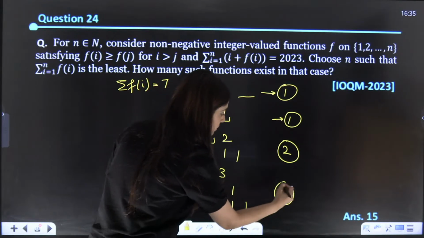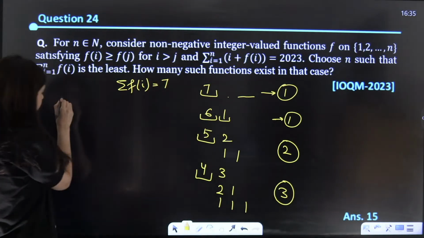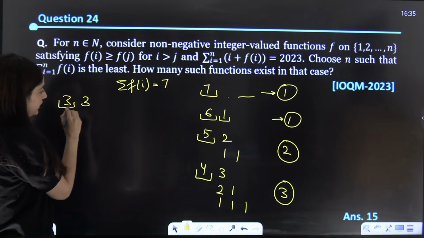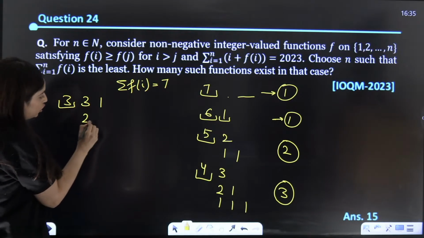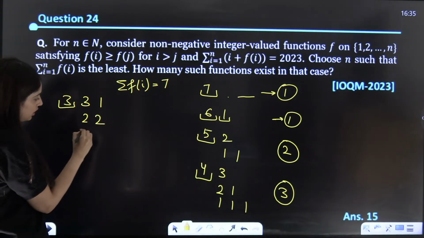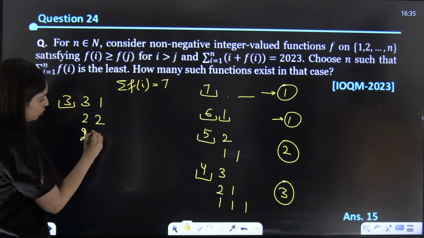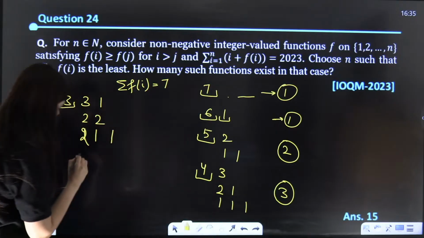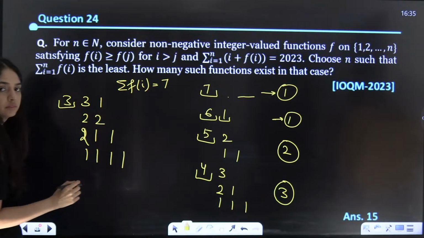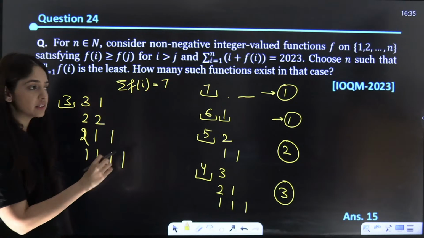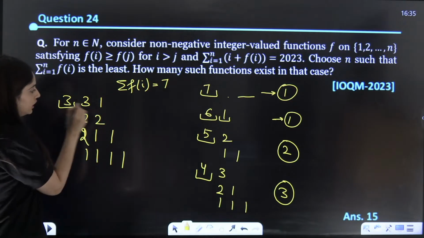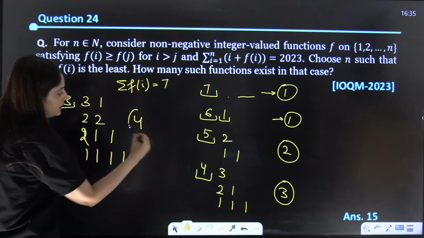So 3 possibilities. If we have 3, then we can do 3, 1, or 2, 2, or 2, 1, 1, and then finally 1, 1, 1, 1. It has to be decreasing because we are checking in the reverse order and the remaining are 0. So 1, 2, 3, 4 possibilities.